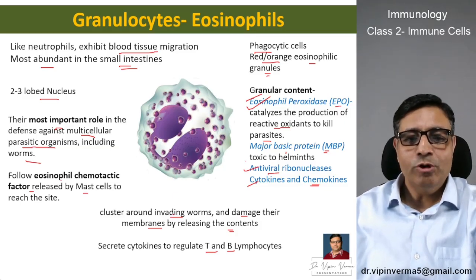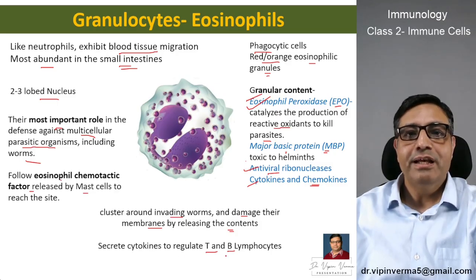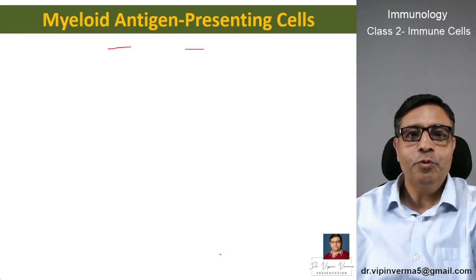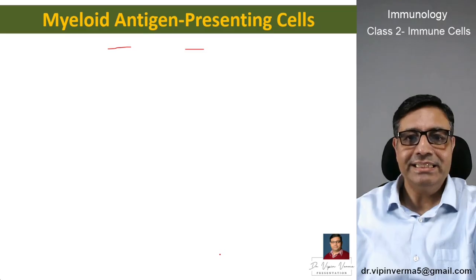They also secrete cytokines to regulate the T and B lymphocytes. So this is the summary slide about eosinophils, and now let us move to the myeloid antigen presenting cells.